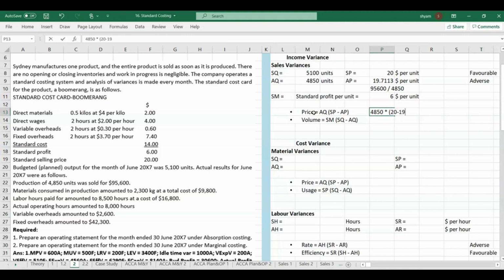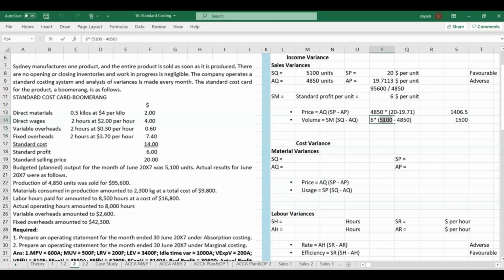For the volume variance, standard margin is 6, SQ is 5,100 minus 4,850. Both numbers are positive, but look at the logic.